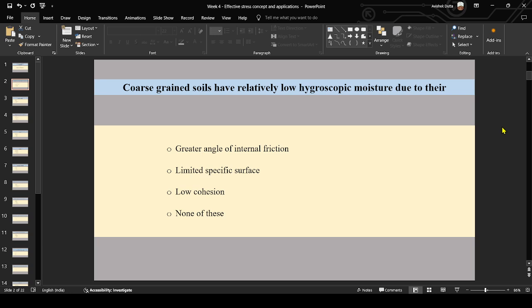All the questions will be with respect to the subject, the topic, effective stress in soils and its applications. It has effective stress, total stress, pore pressure. So all the questions will be with respect to this particular topic.